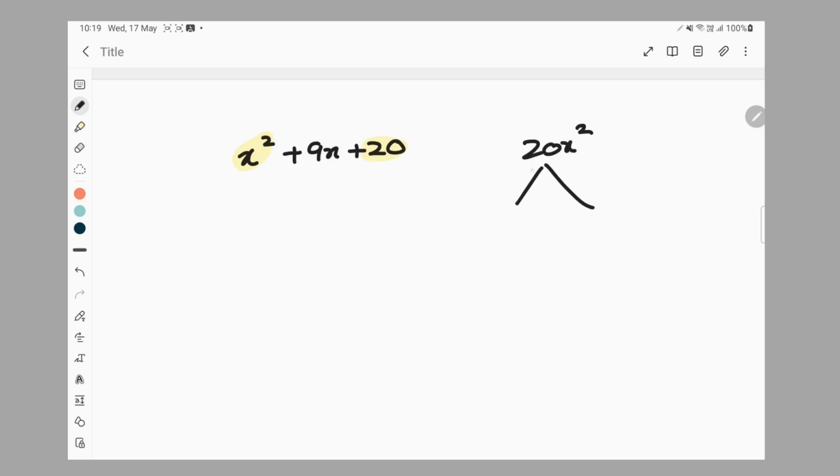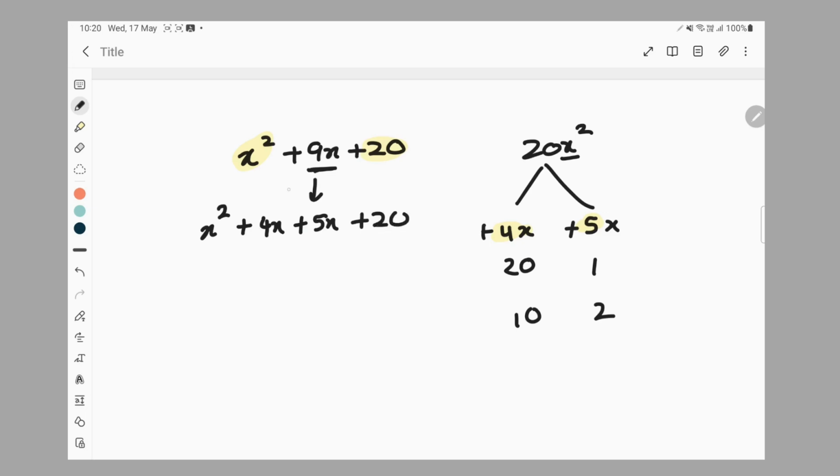What are the factors of 20 that, when you add, give 9x? 4 times 5, 20 times 1, 10 times 2. Which gives 9 when you add? It's these two. So instead of this 9x, I'm going to put x squared plus 4x plus 5x plus 20. Do you understand? Instead of this term, I put these two factors which we found.